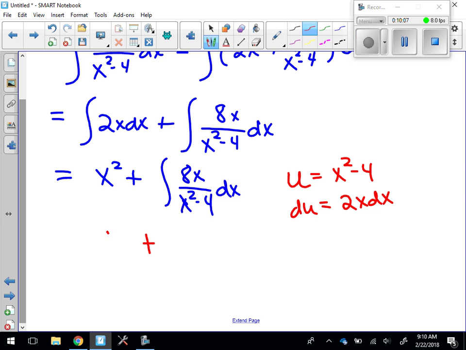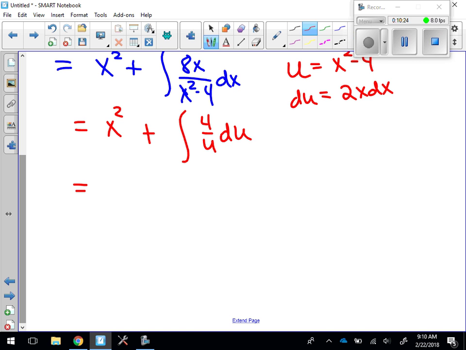So my integral here would become the integral of 4 over u du. Right? We're getting there. Okay.